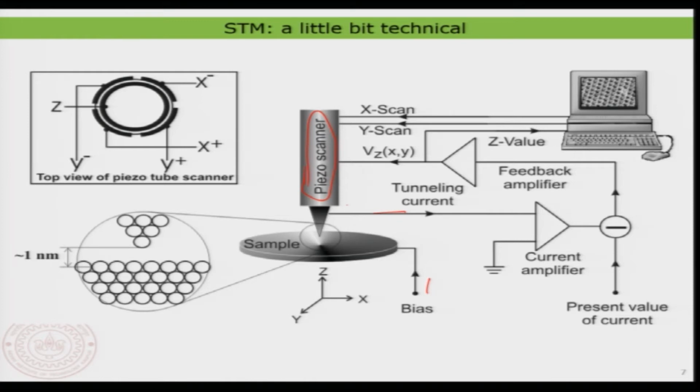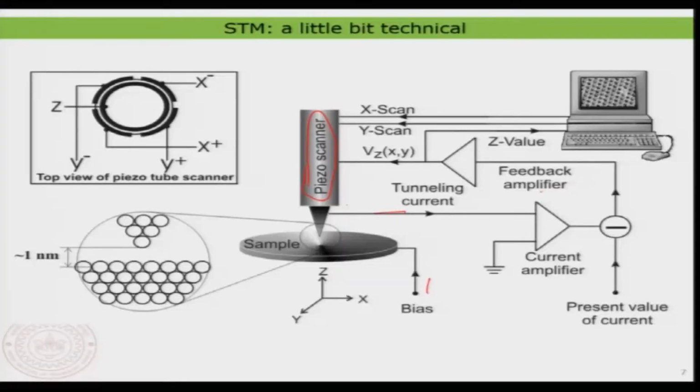So, you place your tip on top of the surface, you apply a bias, and you measure the tunneling current. But when you measure the tunneling current, you always maintain something called a feedback. The reason is simple: if the surface is more corrugated, having some kind of topography, and you move the tip across the surface, the tip needs to respond to the surface.